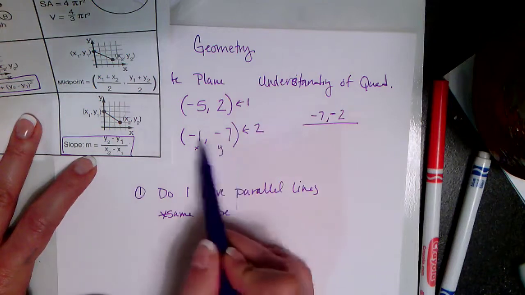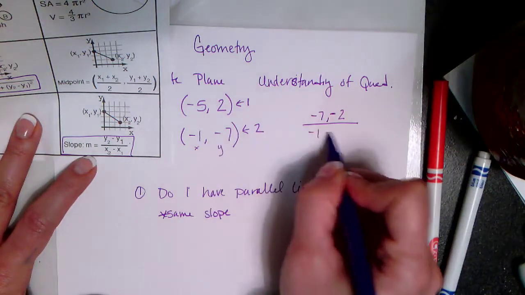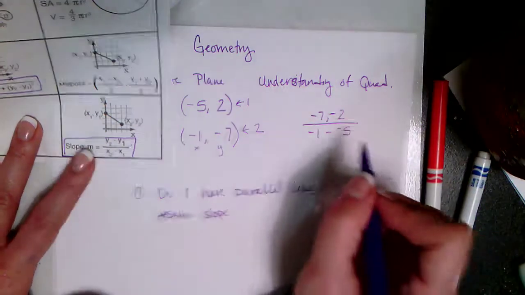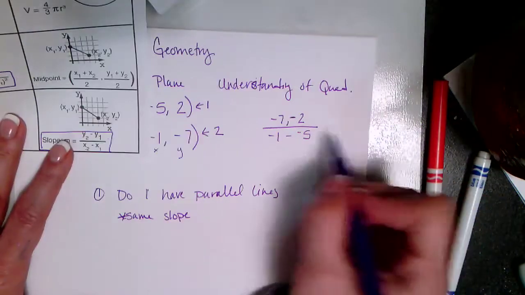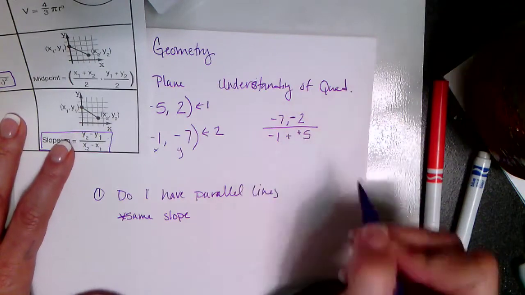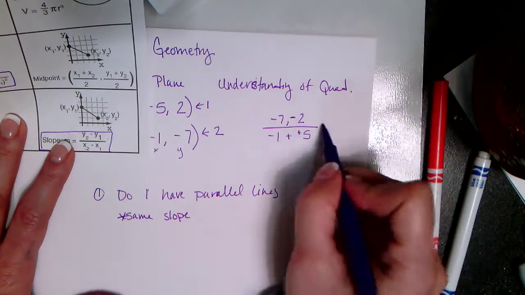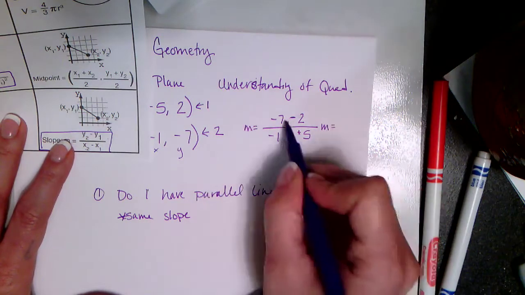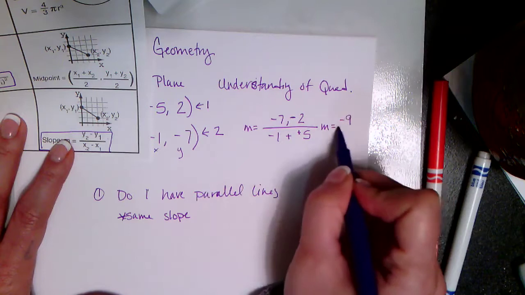This is my second point, so -1 minus -5. It's really important here that you remember your integers and that when you're subtracting a negative, it's really like adding. So my slope between these 2 points is -9 over 4.